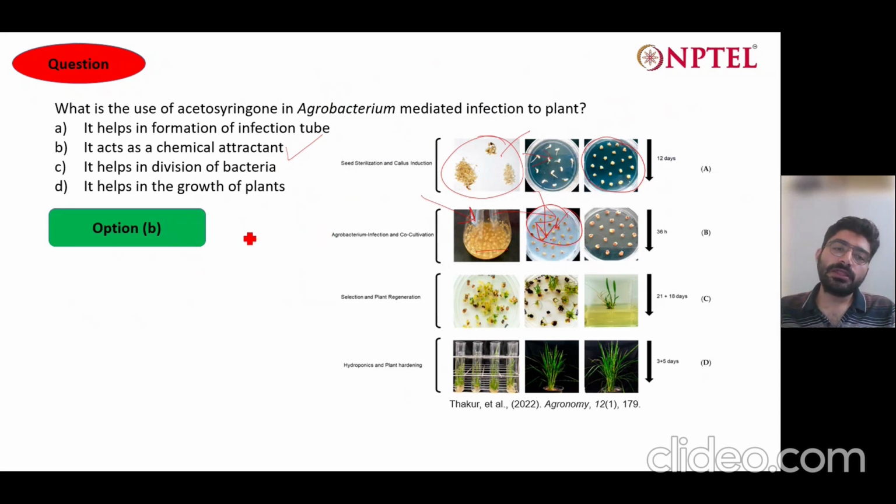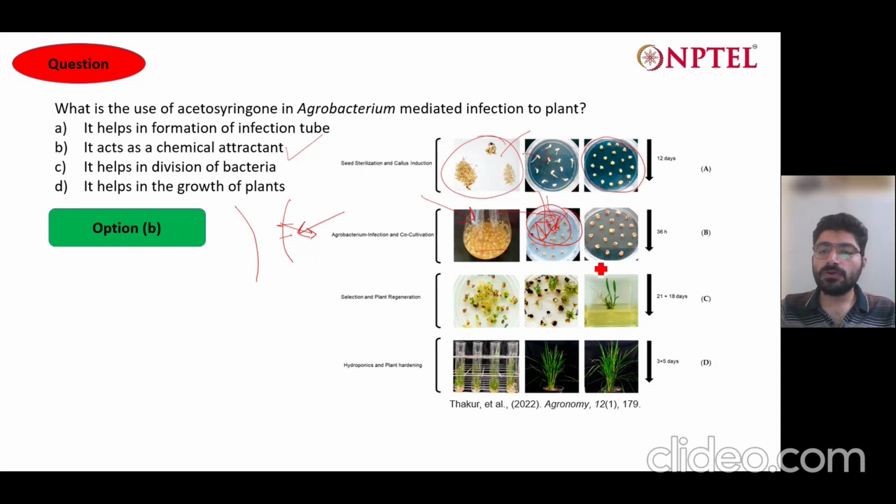In the normal scenario, when a dicot plant is injured, it releases some phenolics that attract the bacteria. In this case, you can see there is no injury done, but as the callus tissue is very soft tissue, the bacteria can easily invade the cells.